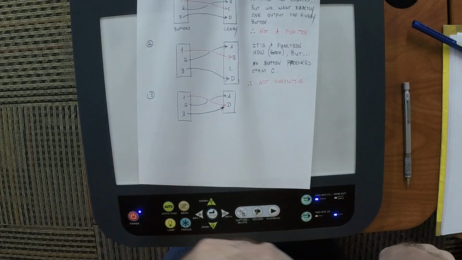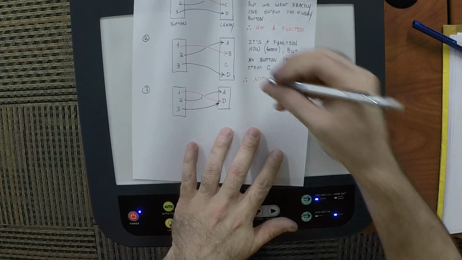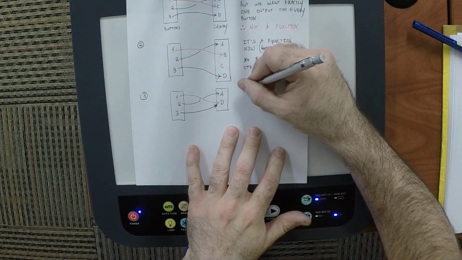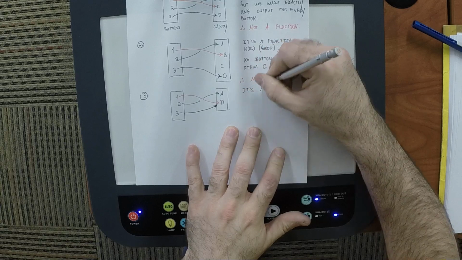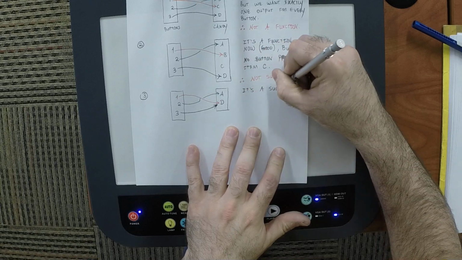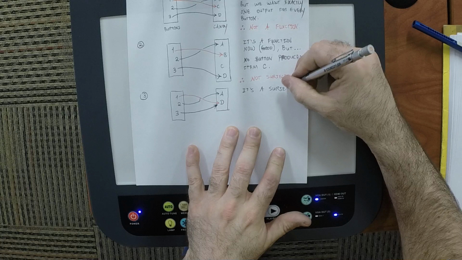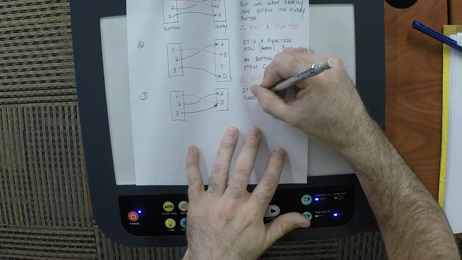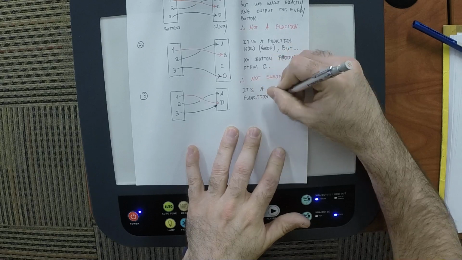Okay, great. So now it's a surjective function. So that's good.